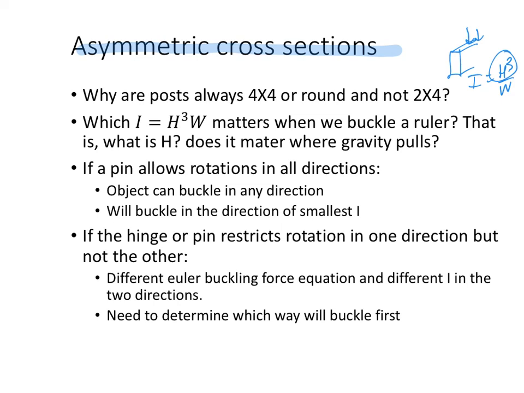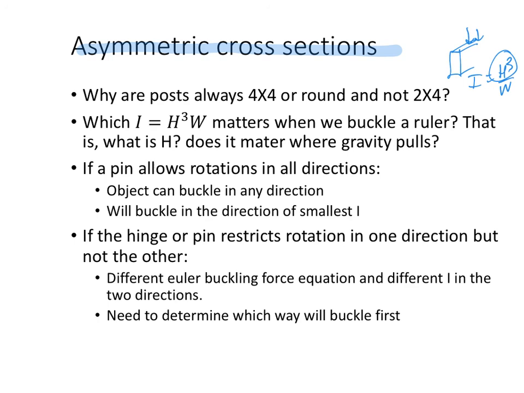But in a column, there's nothing distinguishing which direction the perturbation occurs. That is illustrated if we try to buckle a ruler. We see it doesn't matter if we put the long direction of the cross section of the ruler in the y direction. When we buckle it, it just buckles sideways in the z direction instead of up and down.